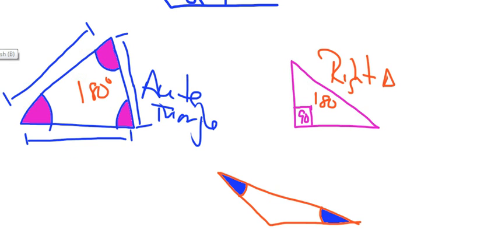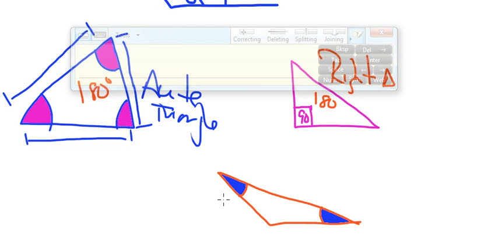So it's got two acute angles, and then we have this one angle here, and what kind of measure is that angle? This is obtuse, right? So it just takes one obtuse angle, and that becomes an obtuse triangle. It doesn't have to have the majority, it just needs to have one obtuse angle, and that is referred to then as an obtuse triangle.